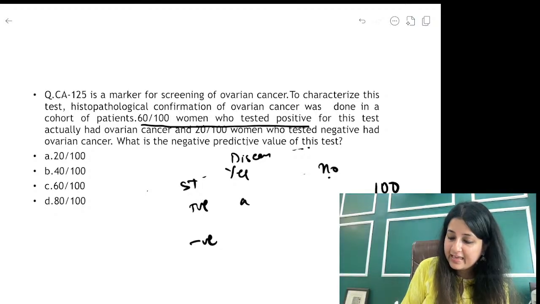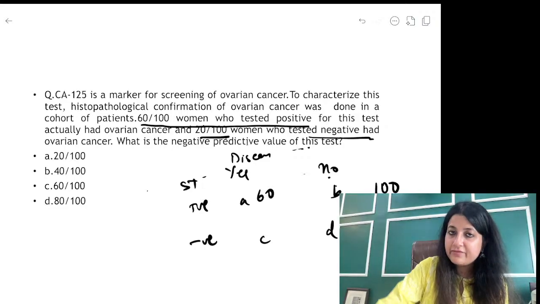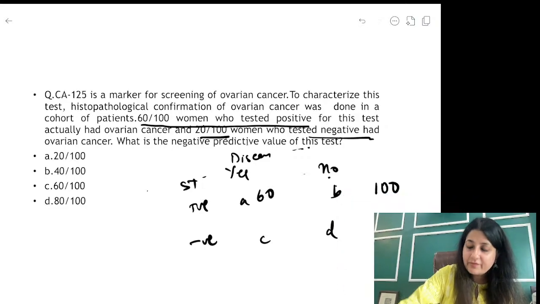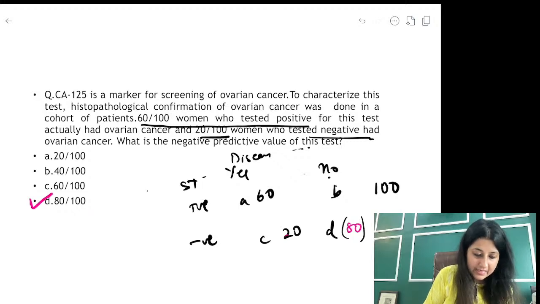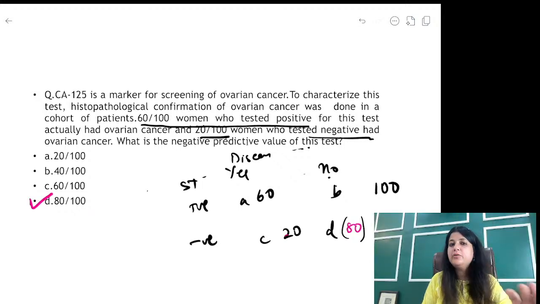This is 100. A, B, C, D. Of them, 60 have cancer. And 20 by 100 women tested negative. So how many tested negative? Again 100. How many of them have cancer? 20. Now I'm asking you the negative predictive value, so I needed this D. What is D? 100 minus 20, 80. So this is 80 by 100.